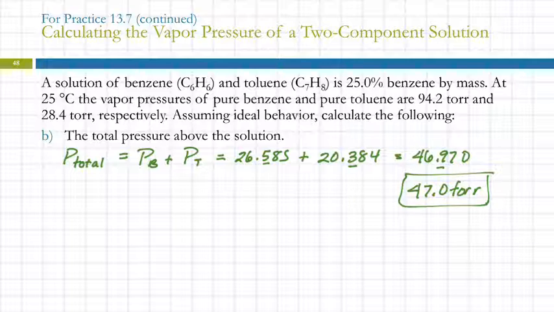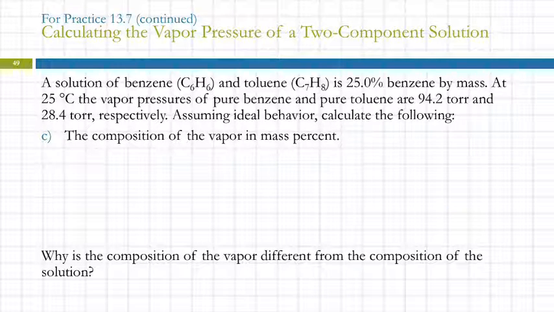And then there's a part C. That was just to lull us into a state of complacency or something. Calculate the composition of the vapor in mass percent. I had to think a while about this one yesterday. It was kind of embarrassing.